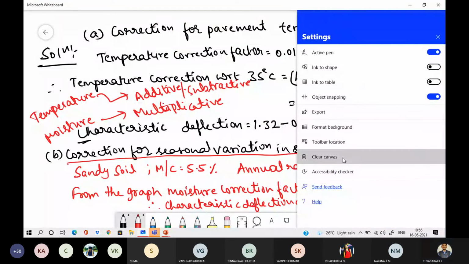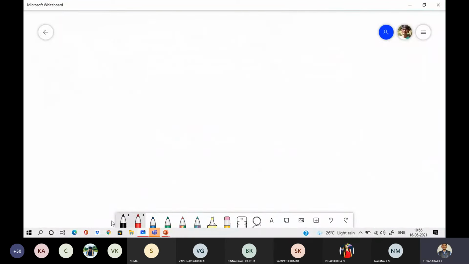Now we will move to the solution part. Tell me what data they have given. Solution. What is the characteristic deflection? 1.44 mm. Then what is the temperature? I will write T, 42.